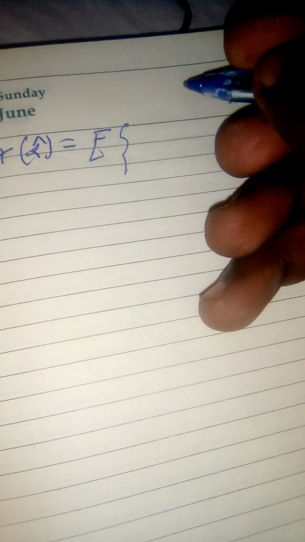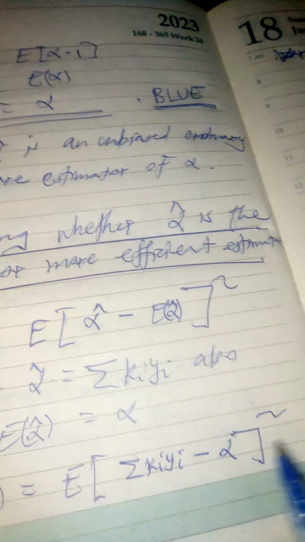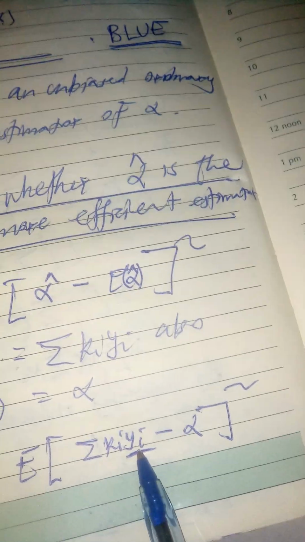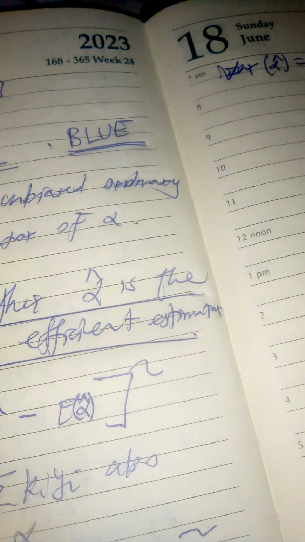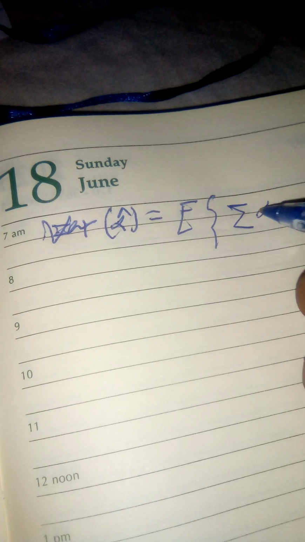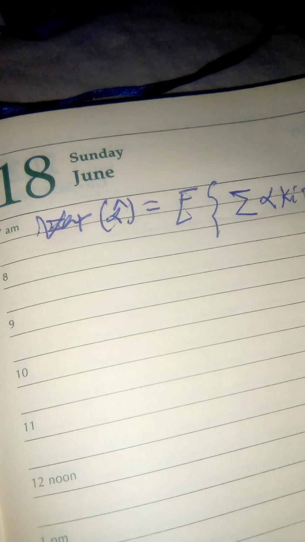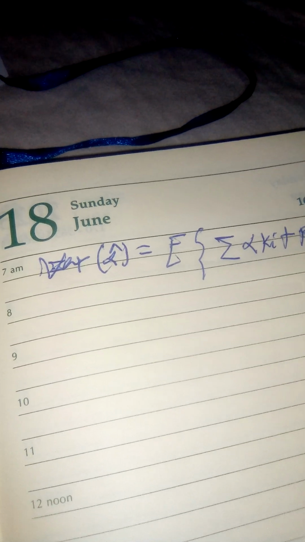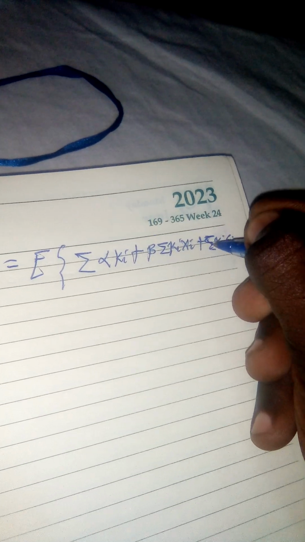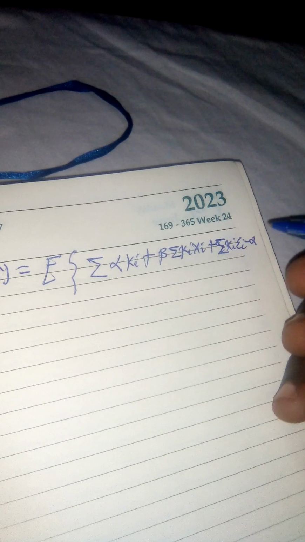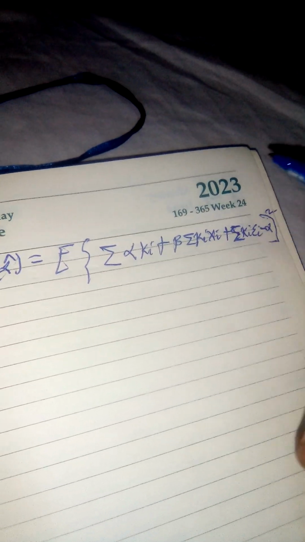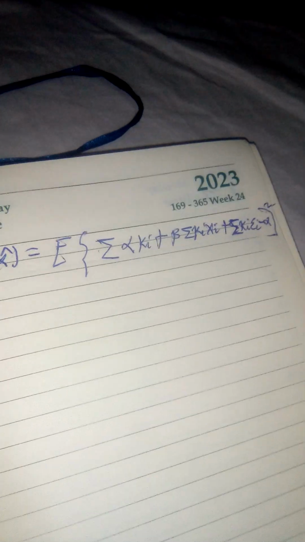I'm going to skip a step and introduce the yi here, so it is the same as the summation of alpha ki plus beta summation of ki xi plus summation of ki error term i, minus alpha, the whole of that squared.